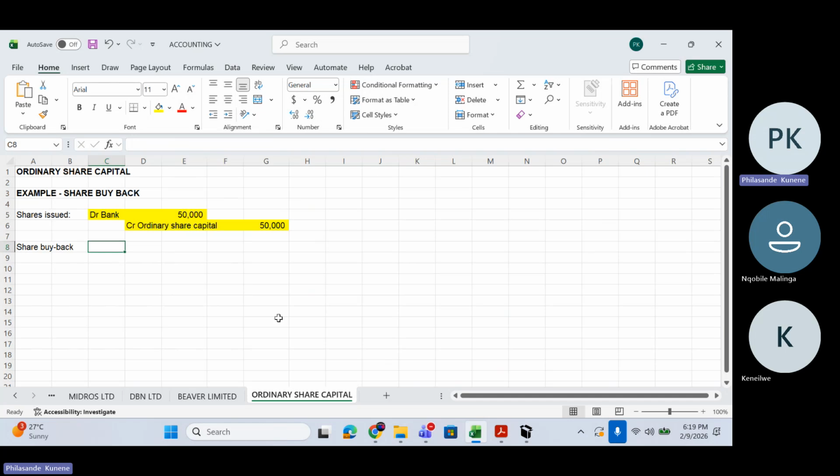So what am I going to debit? What am I going to credit if I'm buying back shares? Do you credit retained income and debit ordinary share capital? Why are you saying that?